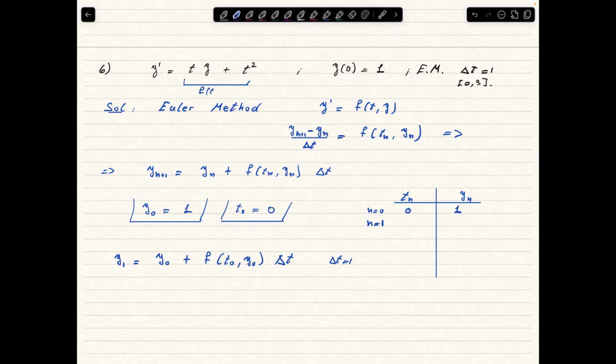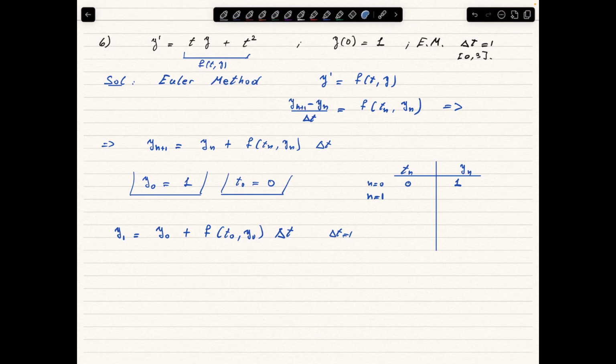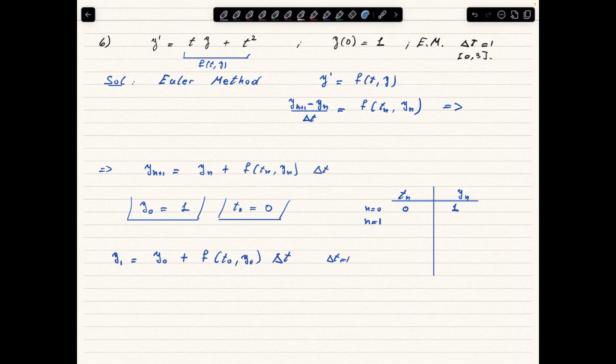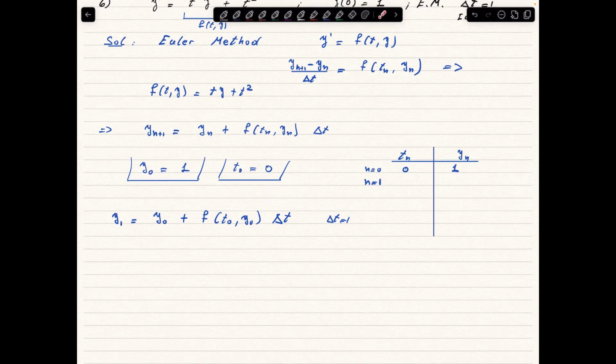So let's write it down somewhere. f of t, y is nothing more than t times y plus t squared. Okay, so when we say we need to evaluate f on these points, we mean at 0.